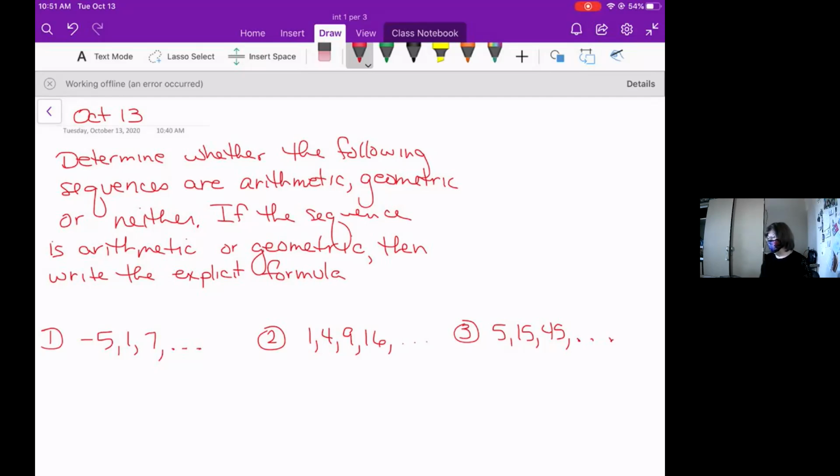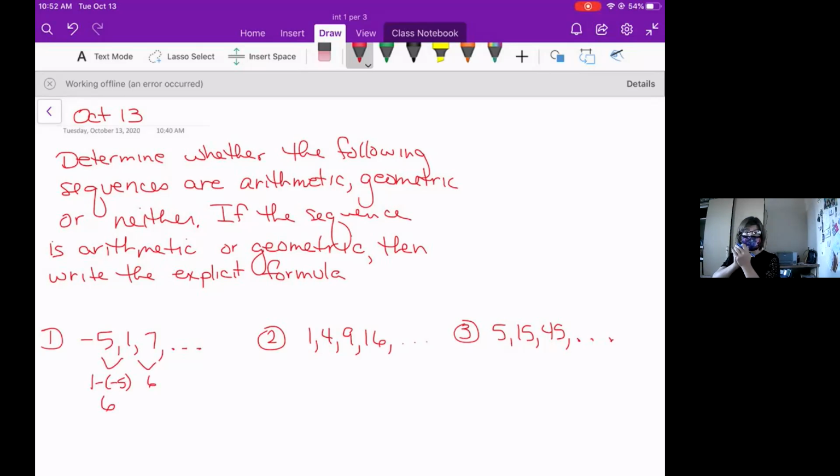All right, ladies and gentlemen, let's go through this. It's always easy to check for arithmetic first, correct? That's to see whether it's adding or subtracting by the same amount. So for this first one, what would I have to add to -5 to make it 1? Remember, if we're not sure, we do second one minus the first one, and that gives me 6. Now, if I do 1 plus 6, do I get 7?